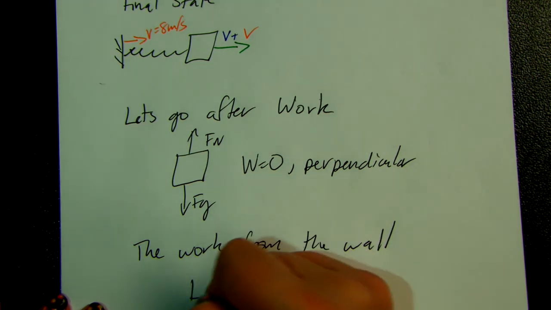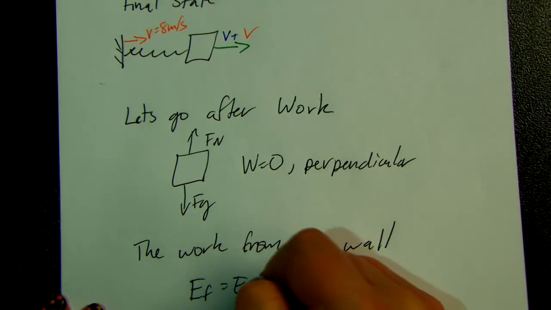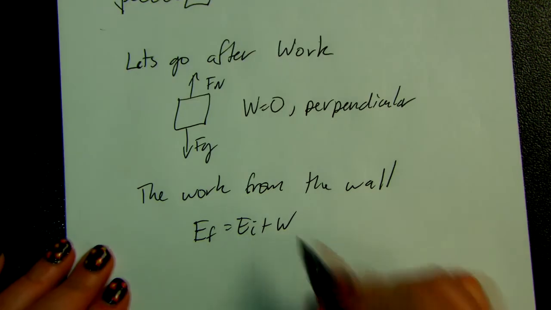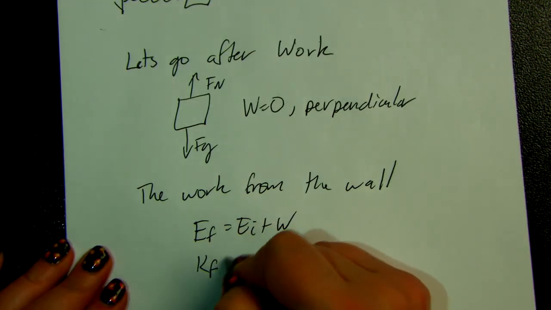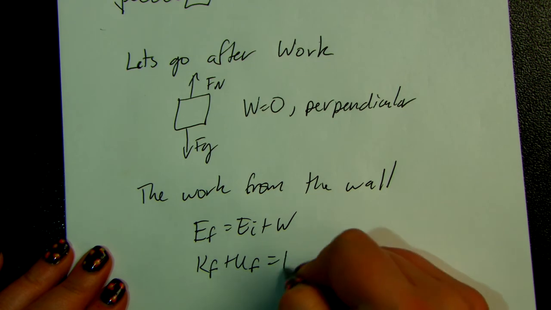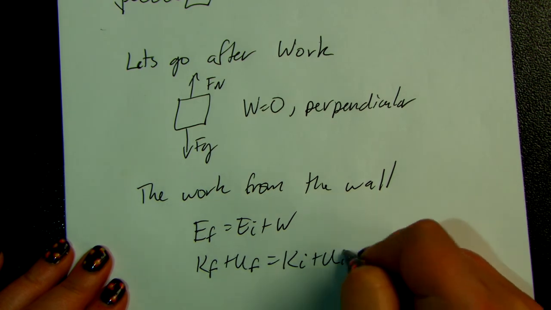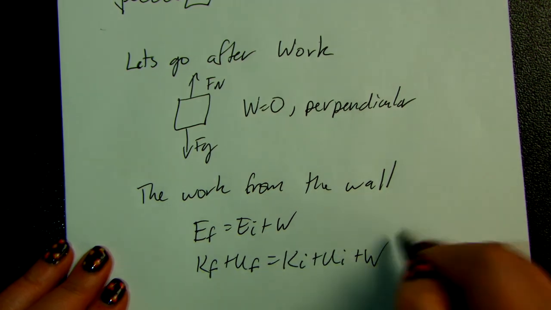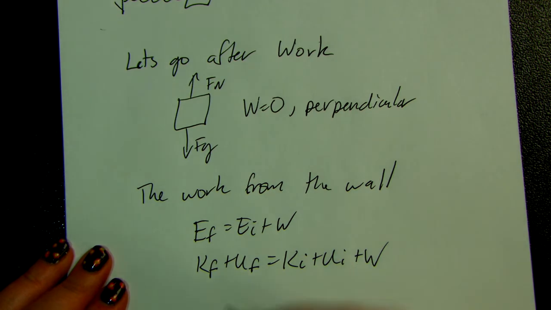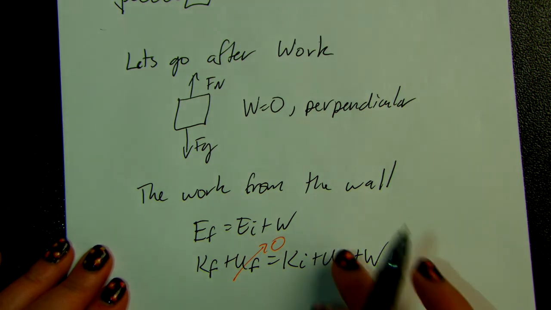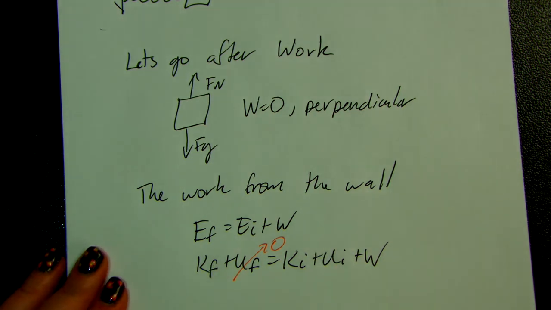So once again, energy final is equal to energy initial plus any work done. This is what we're after. So kinetic energy final plus potential energy final is equal to kinetic energy initial plus potential energy initial plus any work done. Let's find some zeros. There's only one, since we're still going through the relaxed spring length in its final state. The others are non-zero.